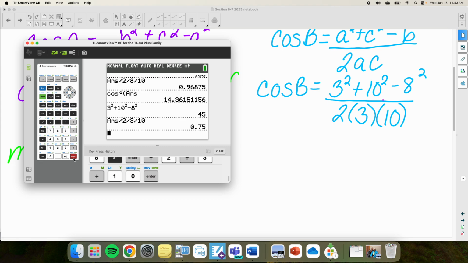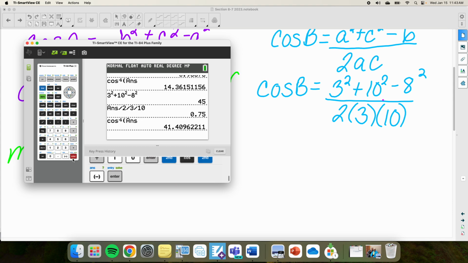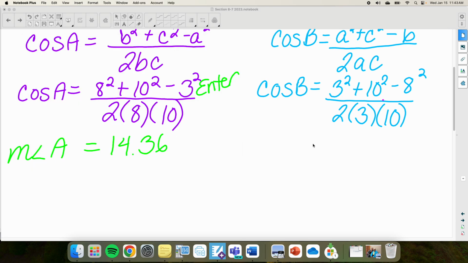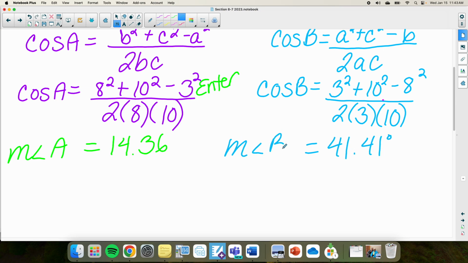And then this time we're doing law of cosines again. So again, we'd go second cosine, second answer, and it's 41.41. Is that what you guys got? So this is 41.41 degrees. Okay.